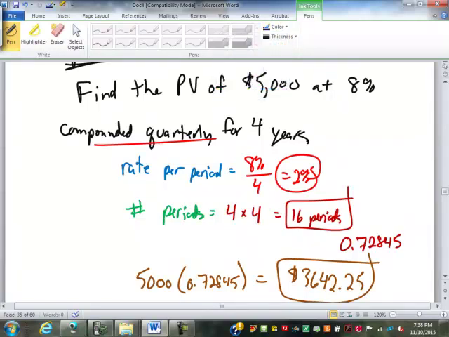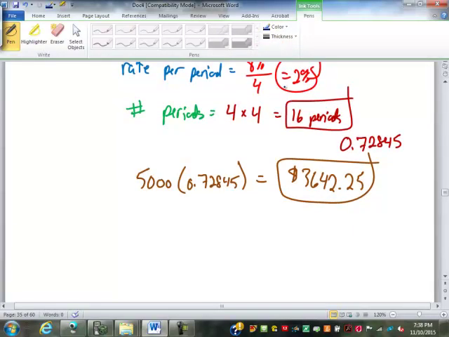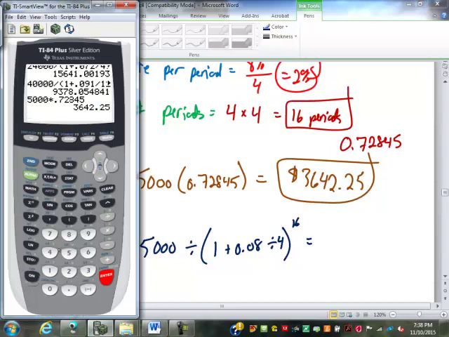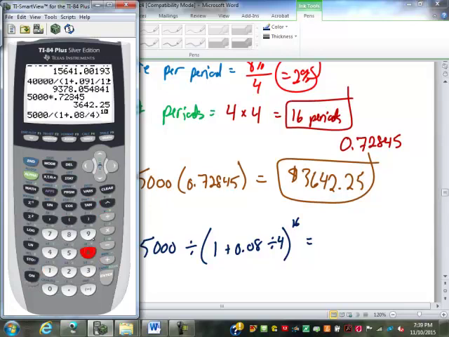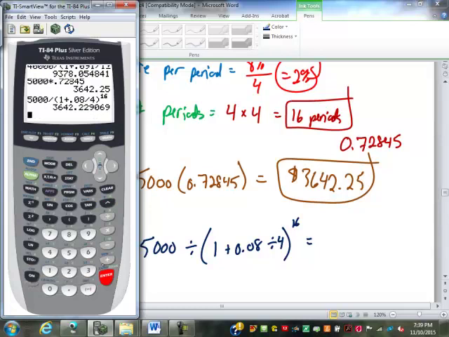Let's compare that to what we would have got from the formula. 5,000 divided by 1 plus 0.08 divided by 4 for quarterly to the power of 16 is 3642.23.